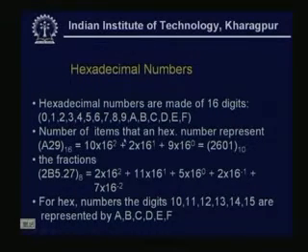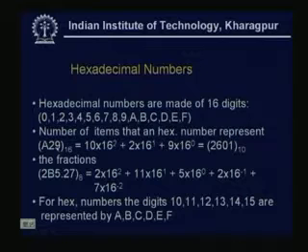Now, the number of items that a hex number represents is similar, only here the base is 16. So, I am taking one number, A29. Here A actually means 10 in the decimal system. So, this is 10 into 16 squared, because the place value of A is 2.